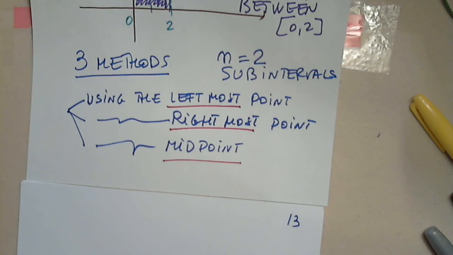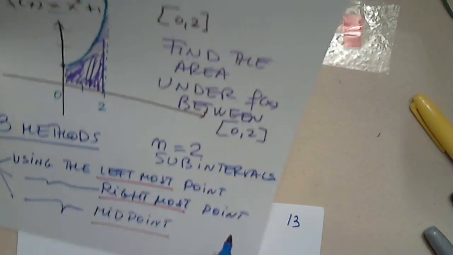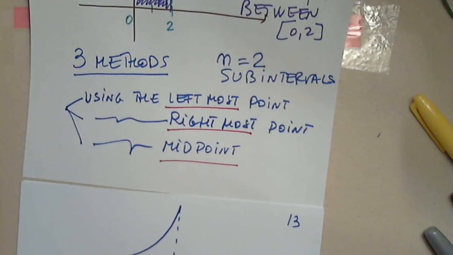Okay. I'm going to graph the interval 0 to 2. Here is my graph, and here's 1. And I was told to use 2 subintervals of equal length.